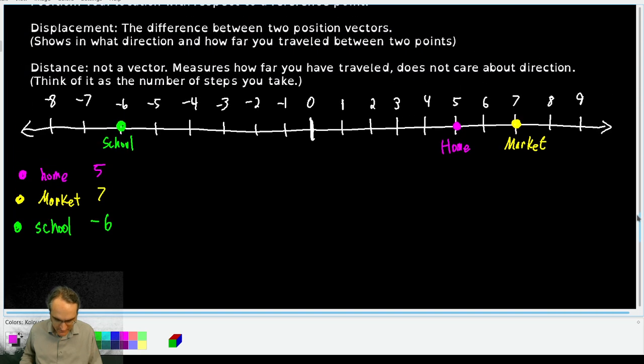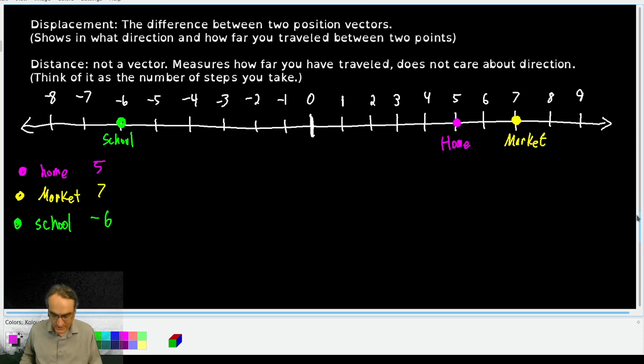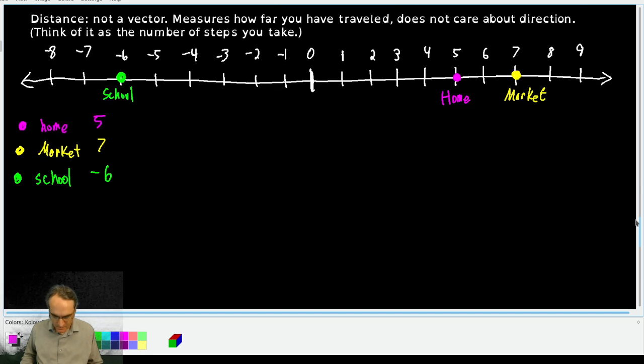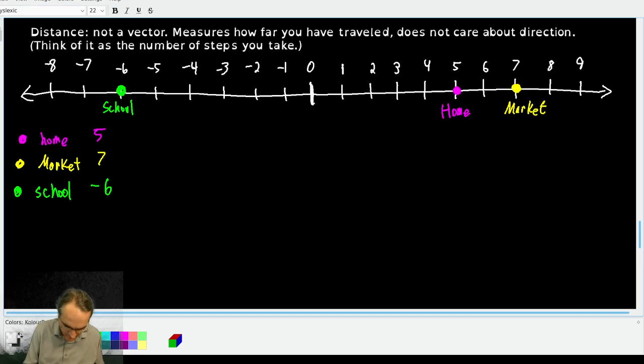So remember these definitions. Displacement is just the difference between two position vectors, and it will show in what direction and how far you have traveled. Distance is not a vector, it just cares about how many steps you take. So for the simple ones, we'll find that the results are exactly the same. As we get more complicated in what we're doing, we'll find a difference does emerge.